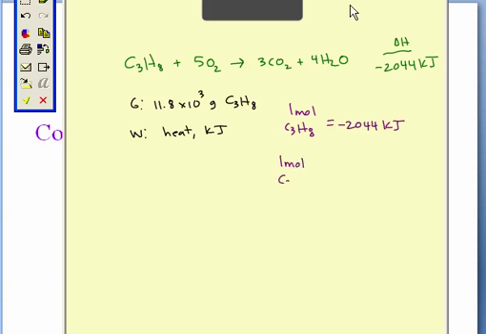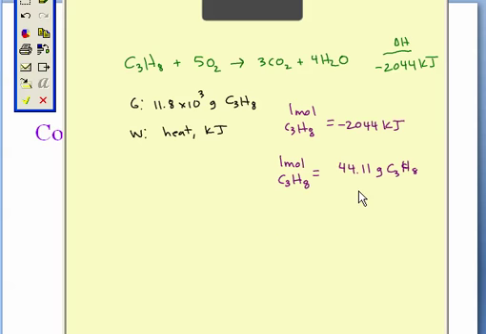But my given is in grams, so I've got to get my grams to moles so I can use my stoichiometric relationship. So I'm going to calculate the molar mass of propane by taking the mass of carbon, which is 12.01, multiplying that by 3, and then taking the molar mass of hydrogen, which is 1.01, multiplying that by 8, and then adding the two values. And I get 44.11 grams. Okay, so now we can do our railroad math.